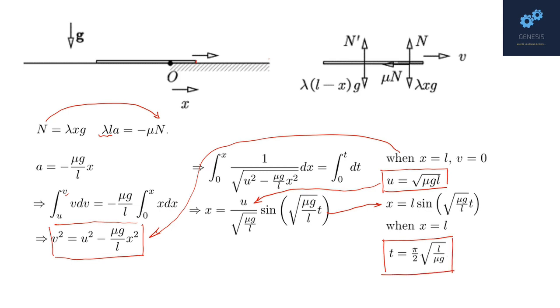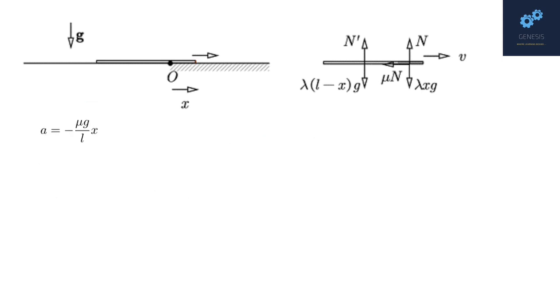This is not a very difficult question and neither are the integrations too complicated. However, all the results that we just got by integration can be achieved in one single step if we just observe that this equation of motion that we got from the force analysis, this equation of motion is of the form a is equal to minus omega naught square x, which is the equation of an SHM.